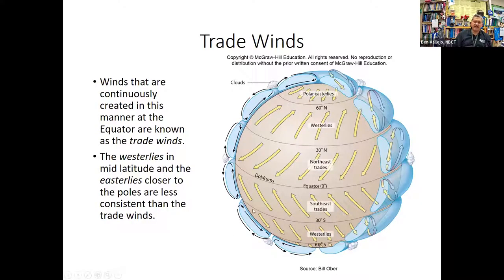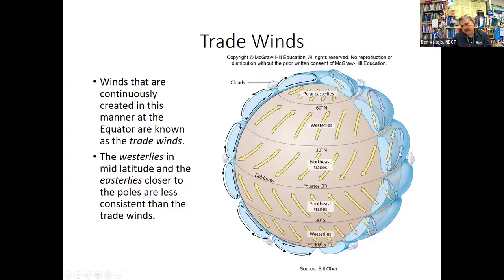And so these are the wind patterns that are typical in the world. And this is right over here. You can see those air cells that I was talking about. And so here you see the air coming down, and right here is the air being heated.